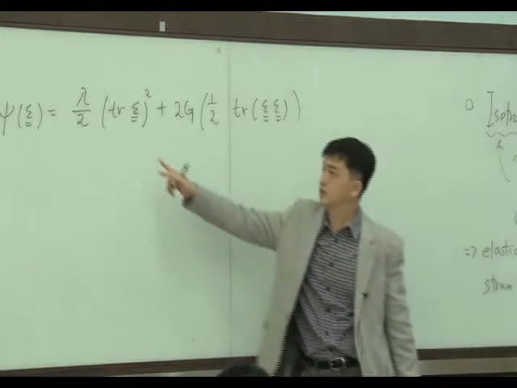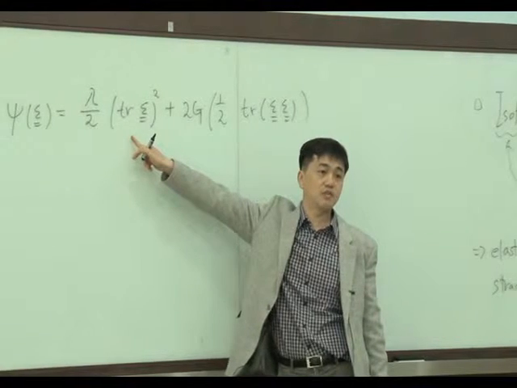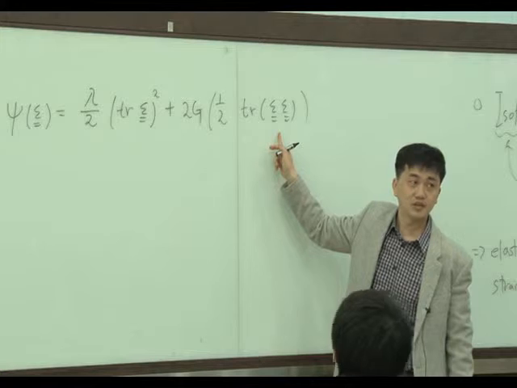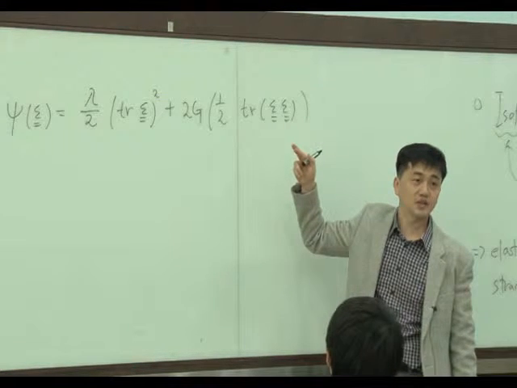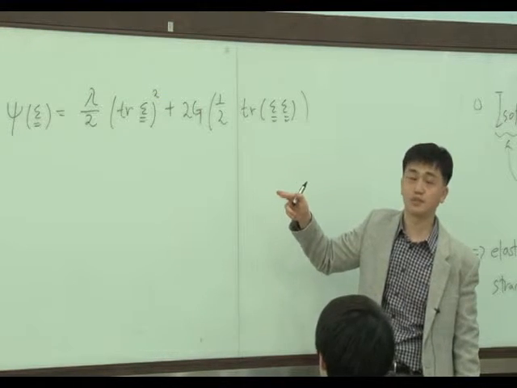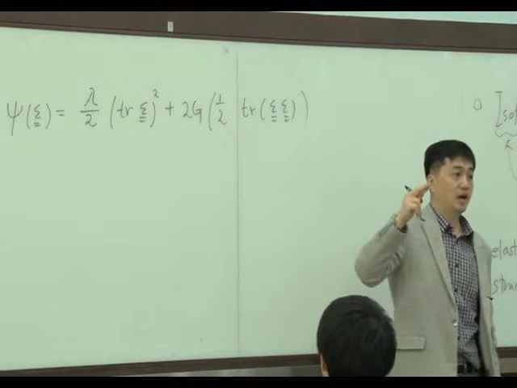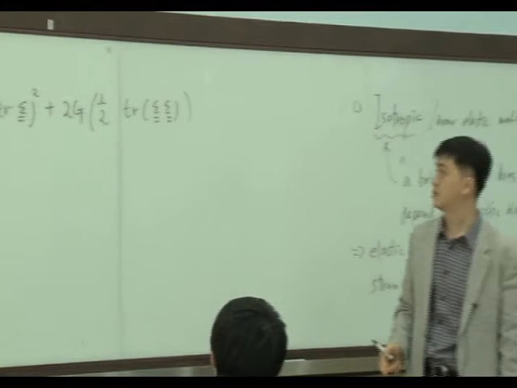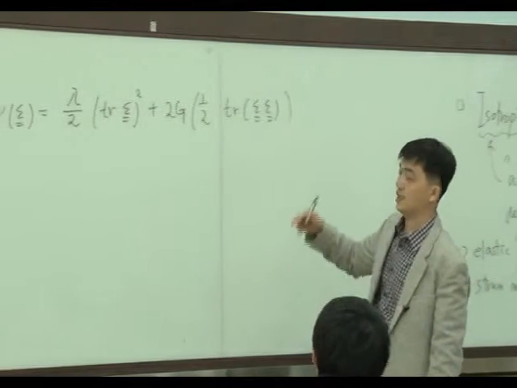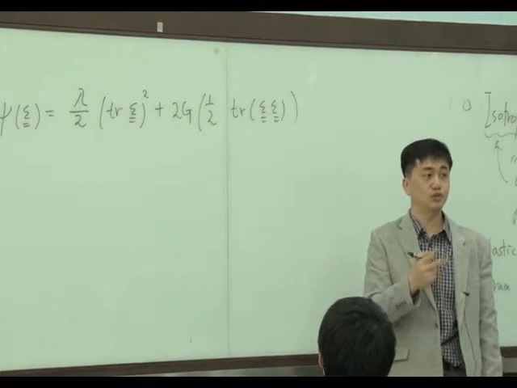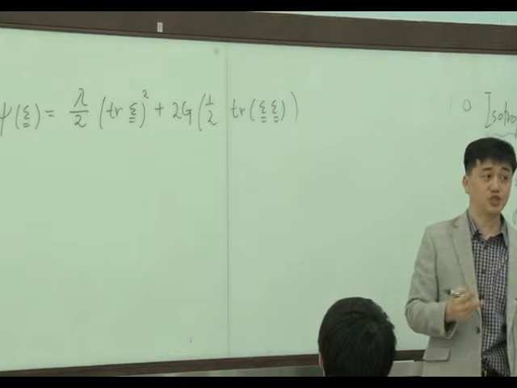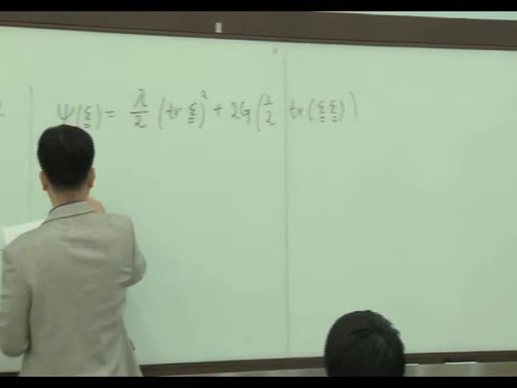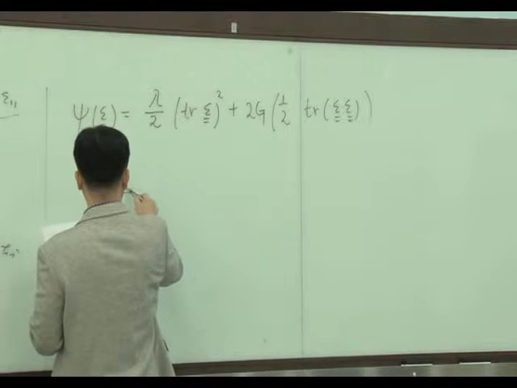So here is strain invariant 1, this is strain invariant 2, right? So we can represent the free energy of isotropic linear elastic material like this. And here we have only two constants, lambda and G.